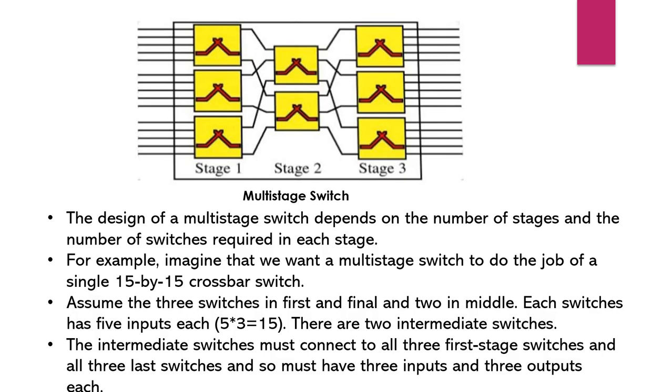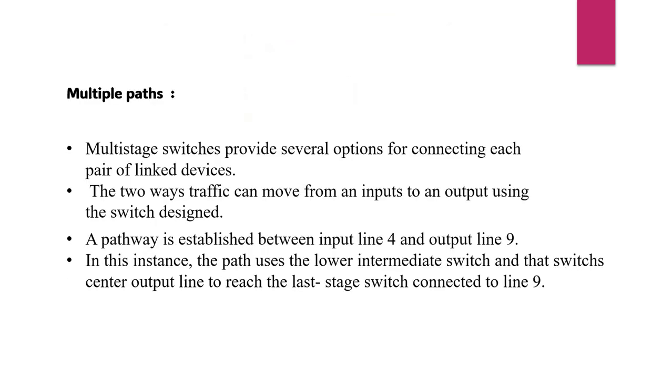Each switch has five inputs; each is 5 cross 3, equal to 15. There are two intermediate switches. The intermediate switches must connect to all three first stage switches and all three last stage switches, so they have three inputs and three outputs each.